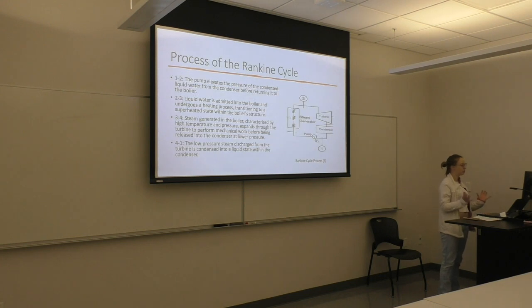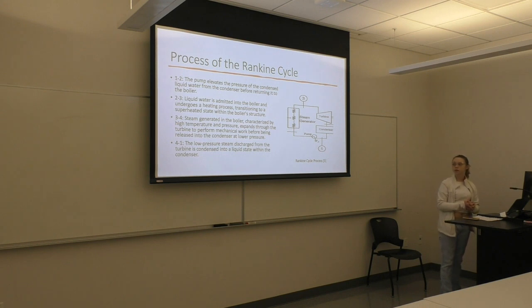The process of the Rankine cycle is that from 1 to 2, the pump elevates the pressure of the liquid water from the condenser before returning it to the boiler. From 2 to 3, liquid water is admitted into the boiler and undergoes a heating process, transitioning to a superheated state within the boiler's structure.